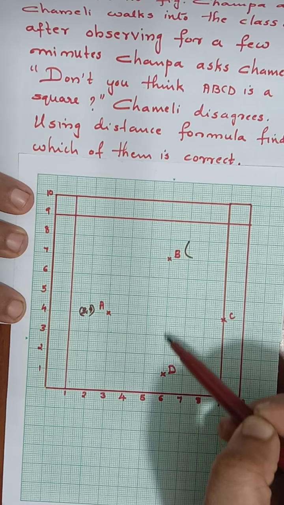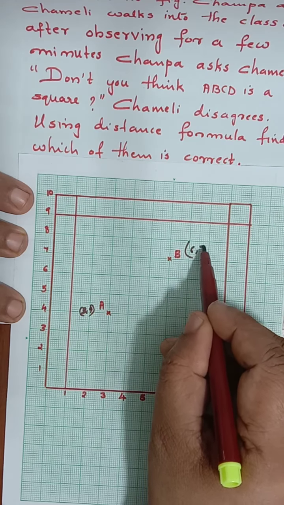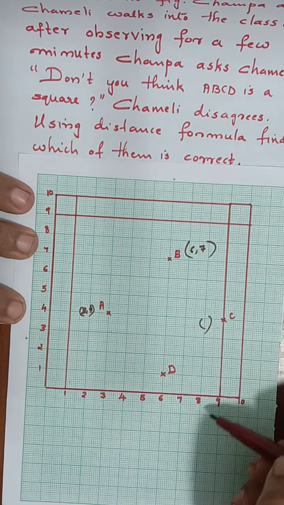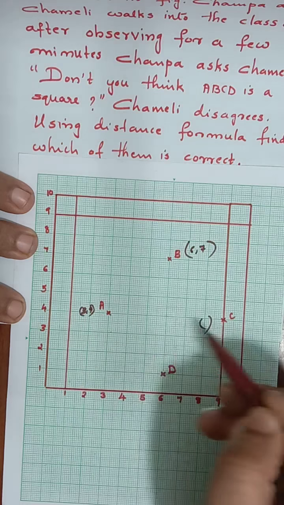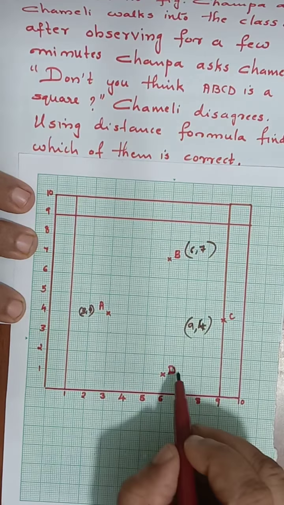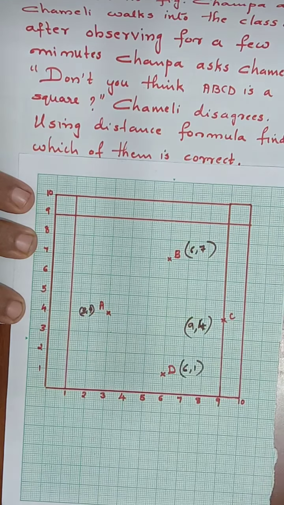It is 6 units in X and 7 units. So 6, 7. Now comes C. What is this C? 9, 4. Coordinates are 9, 4. And D. It is 6, 1. These are the coordinates.